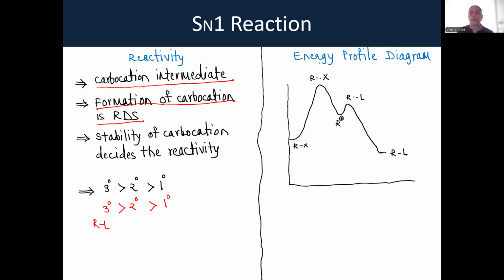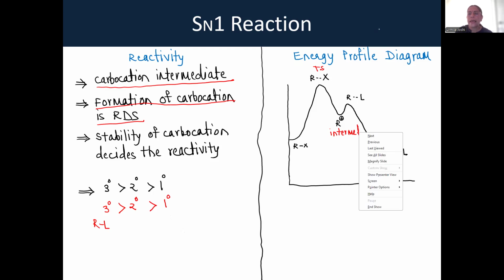Now coming to the energy profile diagram. This is RX or RL, the alkyl halide. This is the transition state where the bond is partially broken. The transition state then leads to a high energy carbocation intermediate.